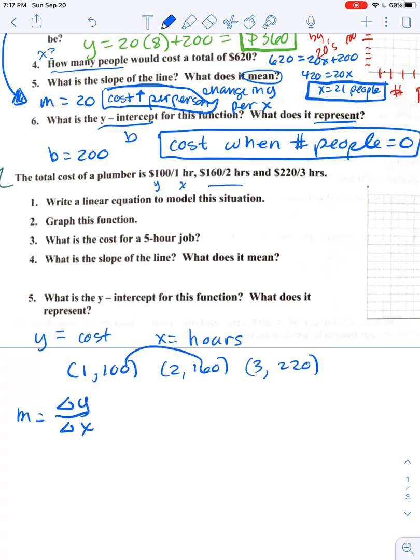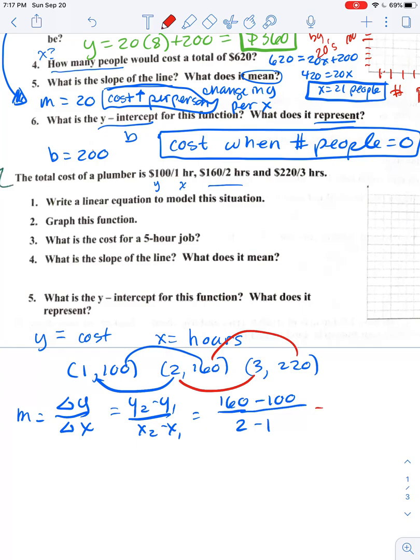So I could take one, because remember, we're doing y2 minus y1 over x2 minus x1. So I'd be looking at 160 minus 100 over 2 minus 1. Or I could have done 220 minus 160 over 3 minus 2.